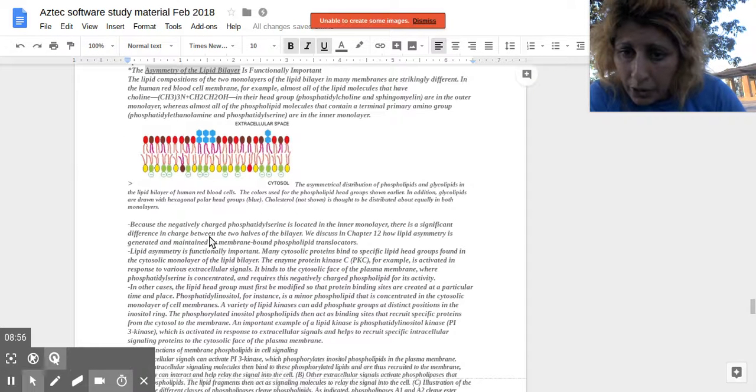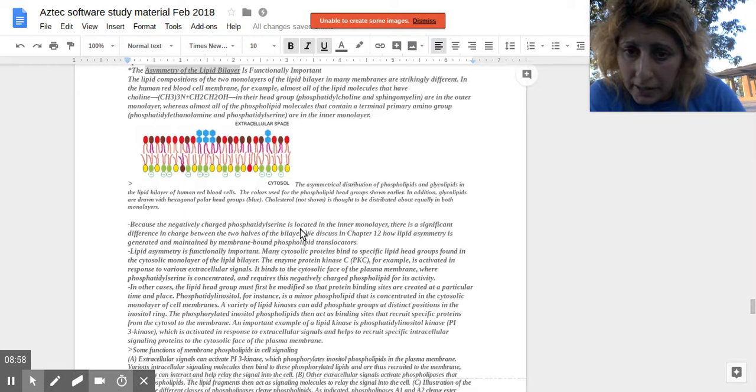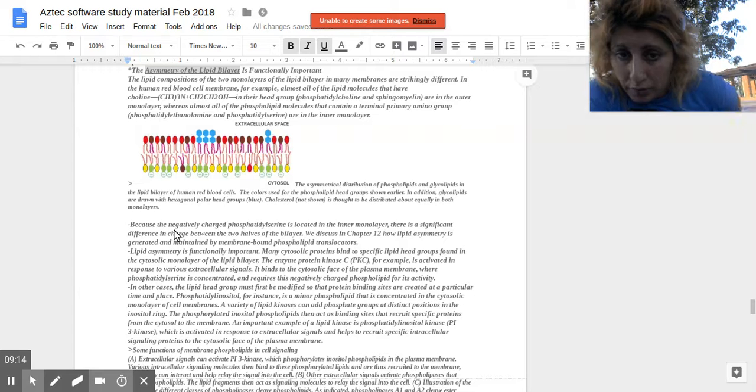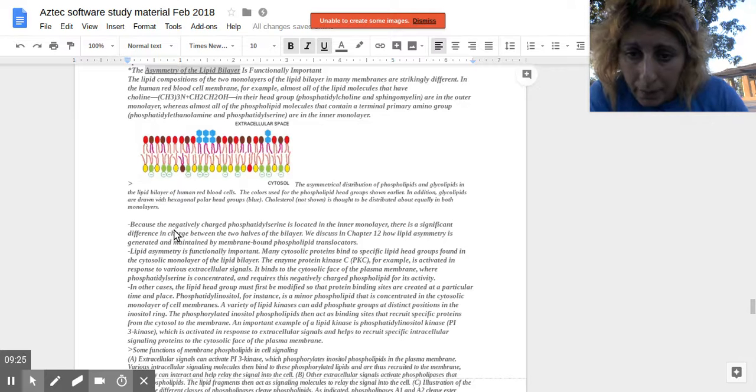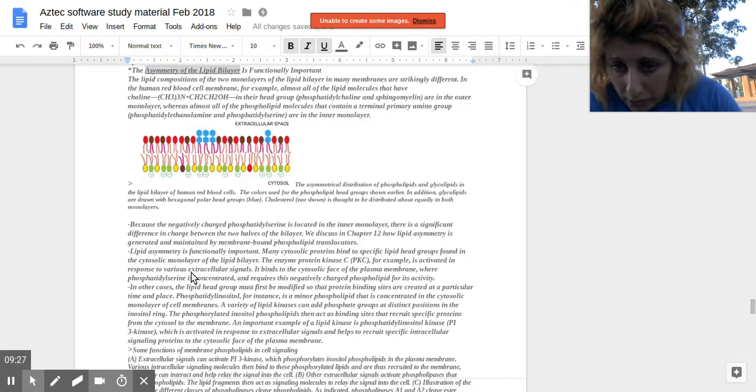The negatively charged phosphatidylserine is in the inner monolayer. This is a significant difference in charge, which is created between the two halves of the bilayer, so negatively charged on the inner layer. Lipid asymmetry is generated and maintained by membrane-bound phospholipid translocators.